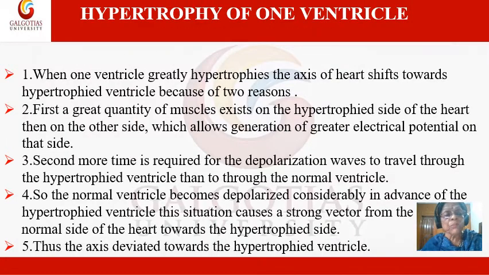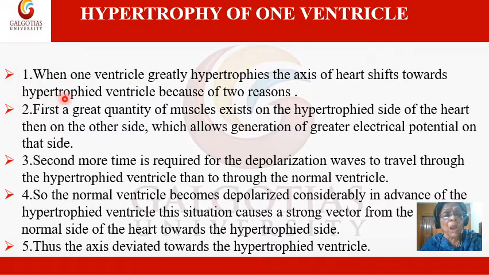Next slide. So, hypertrophy of one of the ventricle. When one ventricle greatly hypertrophies, the axis of the heart shifts towards the hypertrophied ventricle because of two reasons.